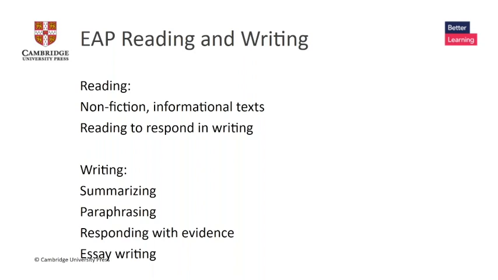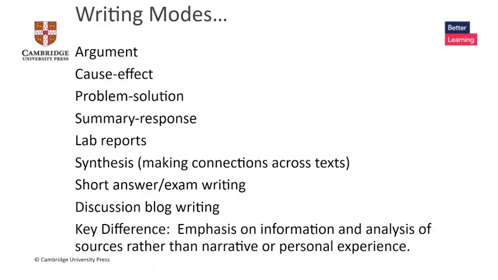We teach students about valid evidence for their ideas and then ask them to incorporate different types of evidence in their writing. Another thing that's maybe unique about EAP versus adult ESL is the focus on essay writing and moving away from the paragraph into longer writing. It's true that some EAP programs at the lowest level would start with paragraph writing, but those students will quickly move into essay writing.